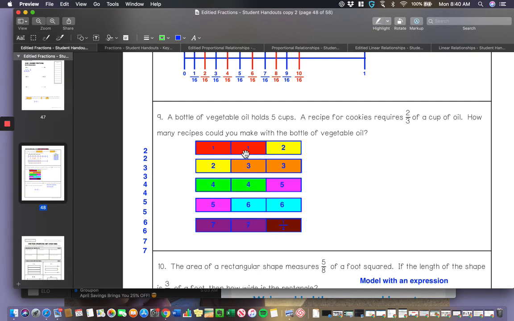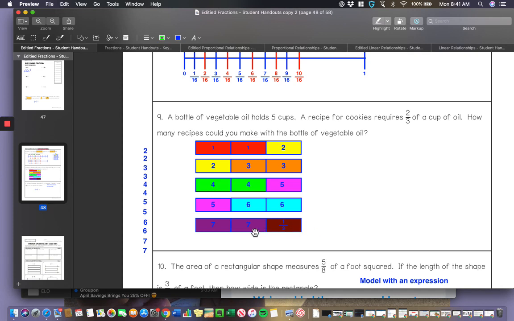My first serving is only going to be 2 of those thirds in each of the 1 cups. So I have 2/3 here, that's 1 serving. Another serving is yellow. Another serving is orange. That's my 3rd serving. Another serving is green. Another serving is purple. Another serving is blue. And another serving here is darker purple. And this last piece here is 1/3, which is only half of what I need.